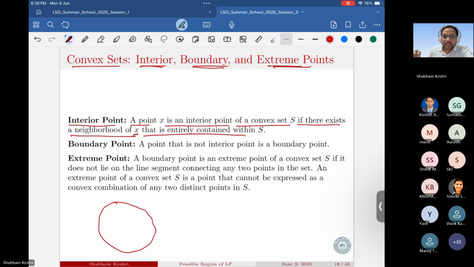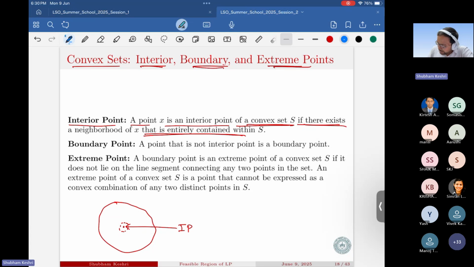Interior points are those points in this convex set S for which there exists a neighborhood of X that is entirely contained within this set. Suppose you take this point in the convex set and create a neighborhood. In two dimensions, a neighborhood is actually a circle. You observe all the points in the neighborhood are within this set, so this is an interior point.